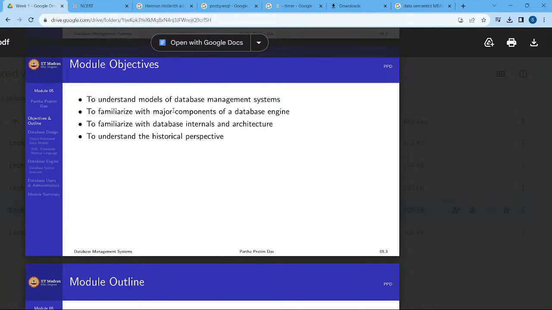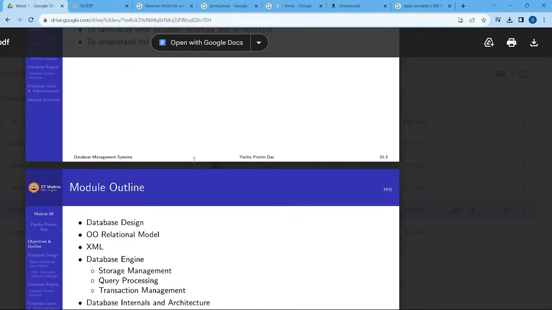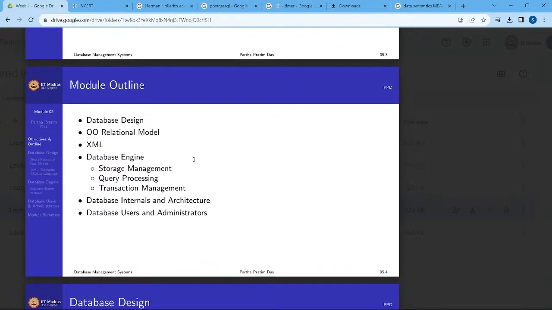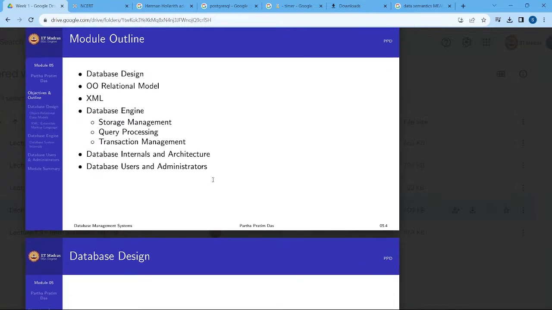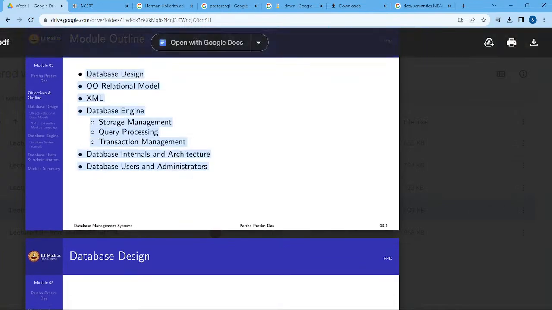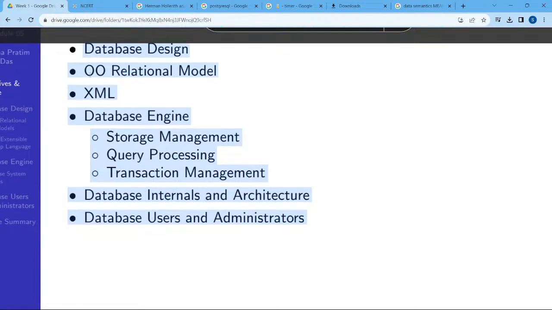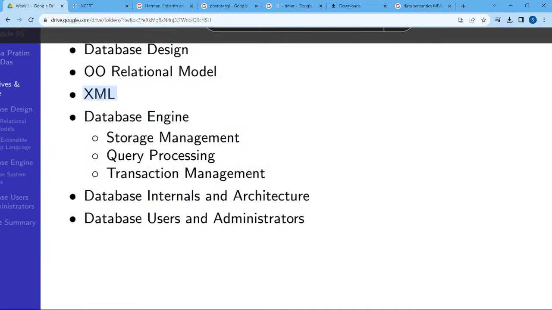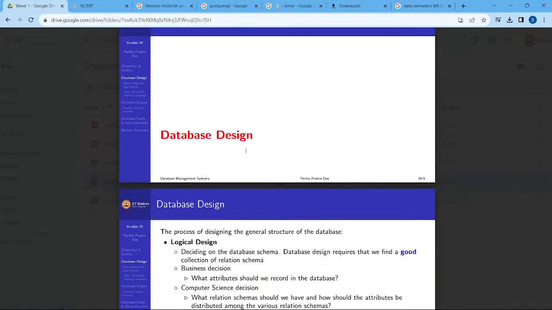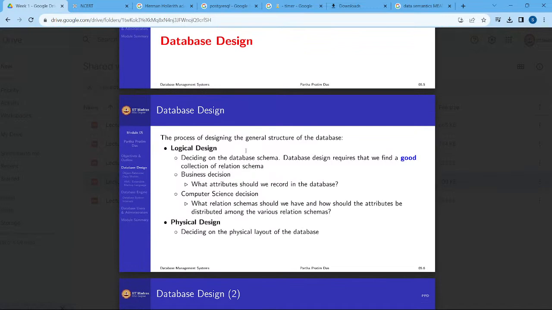So let's familiarize with some more concepts of DBMS, XML, and this database engine being primary objectives of the PPT.